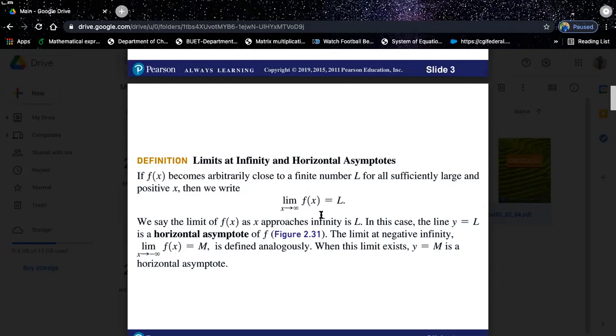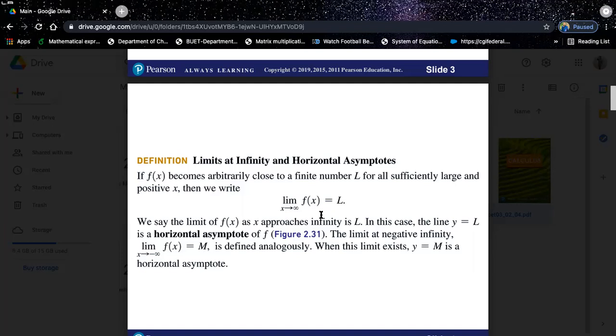That means if you increase the value of x, you will see the graph is still not crossing a certain value, let's say L. Even though you are going towards infinity, then we say that y equals L is the horizontal asymptote.